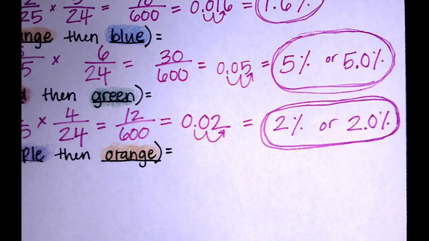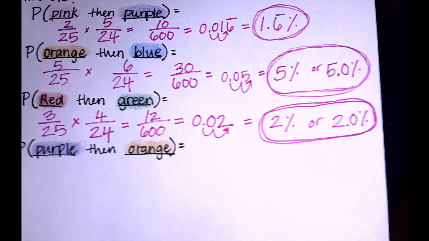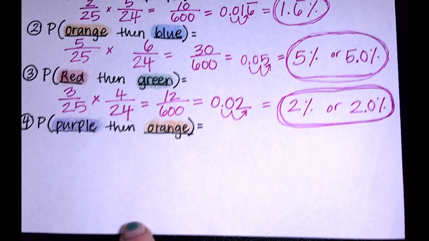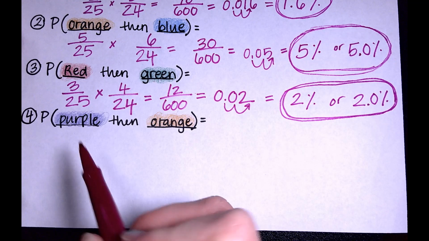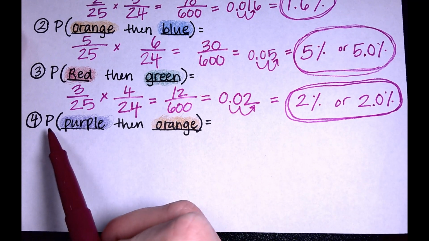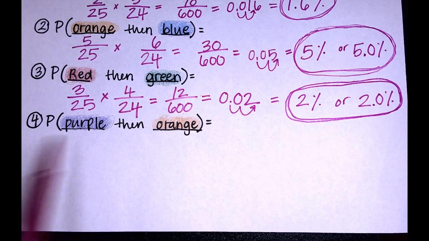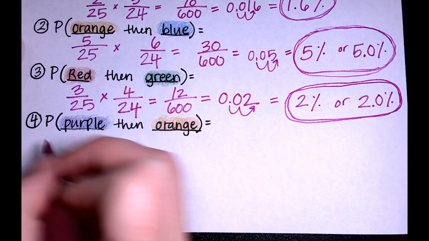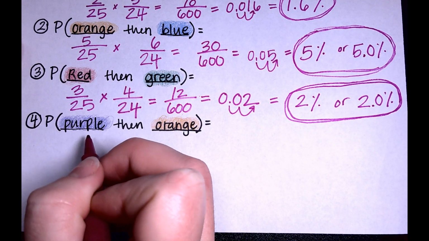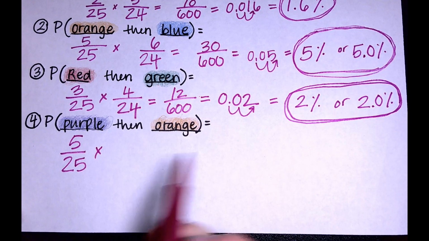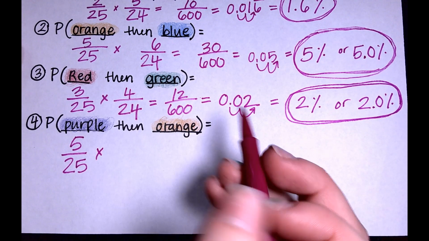Okay, one last problem. Number 4. What is the probability of drawing a purple marble? Perfect. 5 out of 25. And then orange.